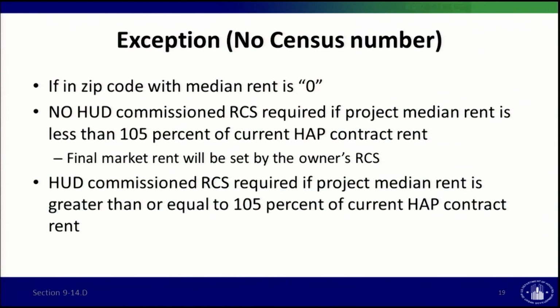A HUD commissioned RCS will, however, be required if the project's median rent is equal to or greater than 105% of the current HAP contract. If so, then the final comparable market rent is set by the procedure that we outlined above and is contained in Section 9-14 of the Renewal Guide.